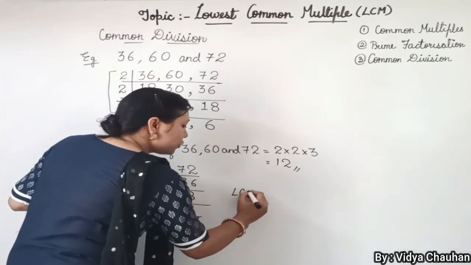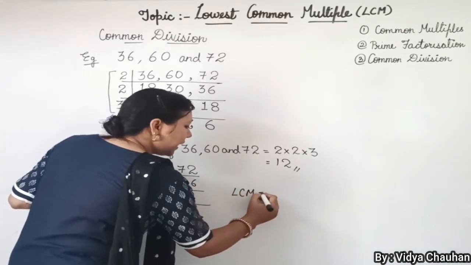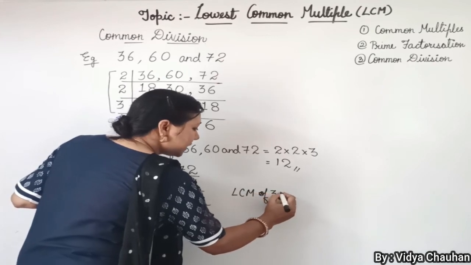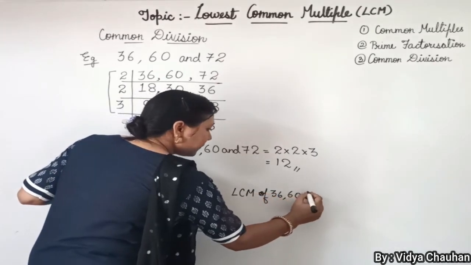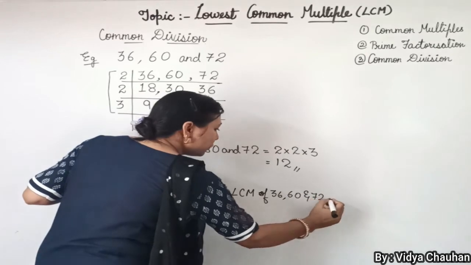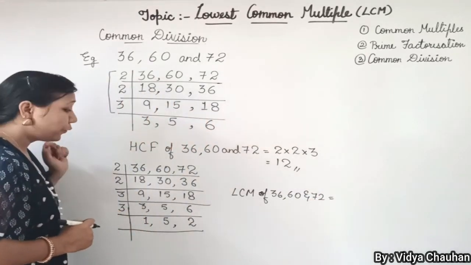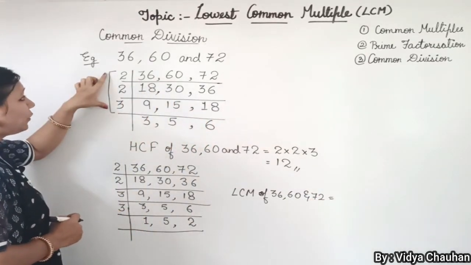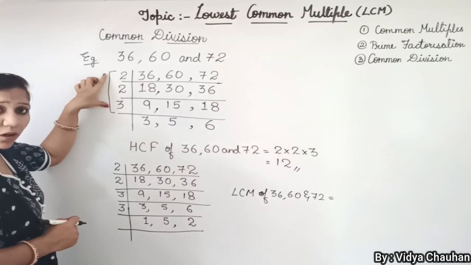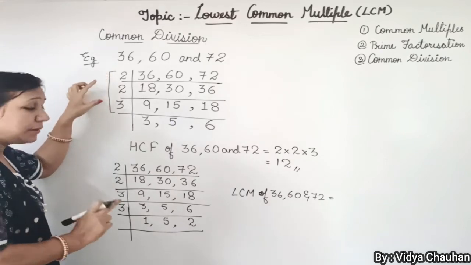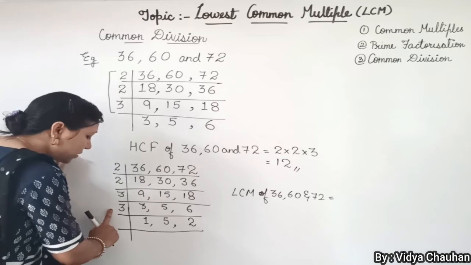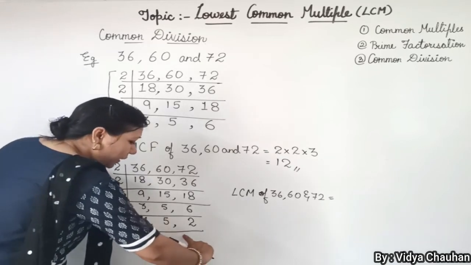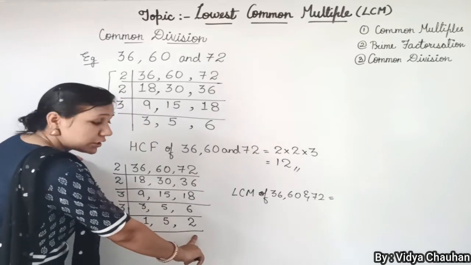Let's conclude how to write the LCM. So the LCM of 36, 60 and 72 is equal to, what you have to do, in HCF we were only writing the numbers on the vertical column, but in LCM we have to write the numbers on the vertical column followed by the numbers on the horizontal column.